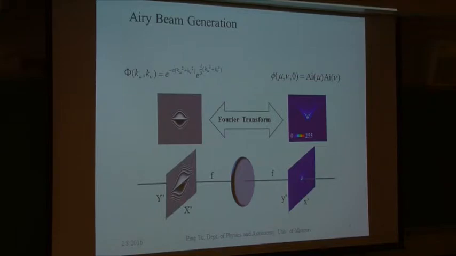So basically, you can achieve this Airy function if you put this kind of spatial modulation at the front focal plane of a lens. So you have this phase modulation, and here is your Airy function. Now the modulation is in the imaginary part, so it is just a phase factor. The imaginary part of this k to the power of 3 means that this is a cubic phase.